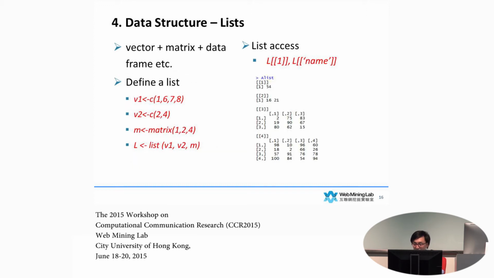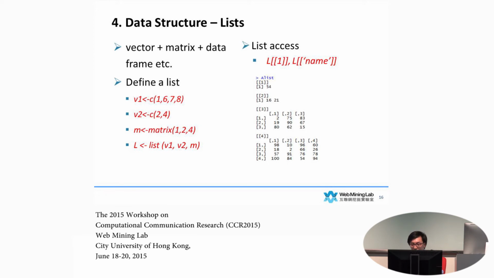Next one is list, and list is very simple. You can combine things. See, we have a vector like this, and a matrix like this, and we even have a data frame like this one. How to create a list? We just use the list function, and we have a vector, matrix, and a data frame, and we create a list called L. L is like this one.